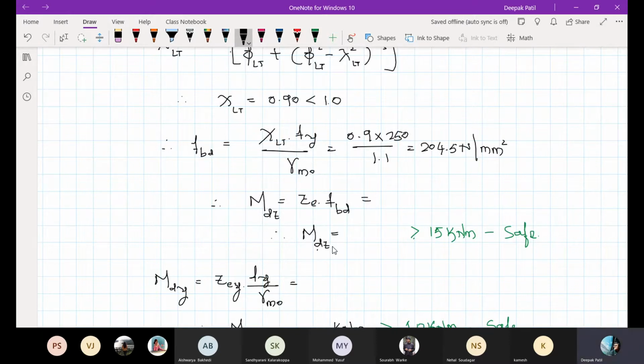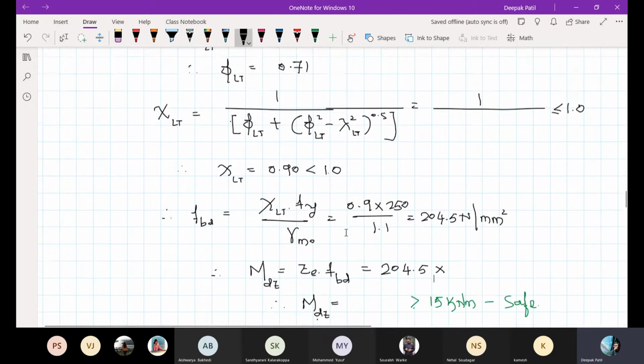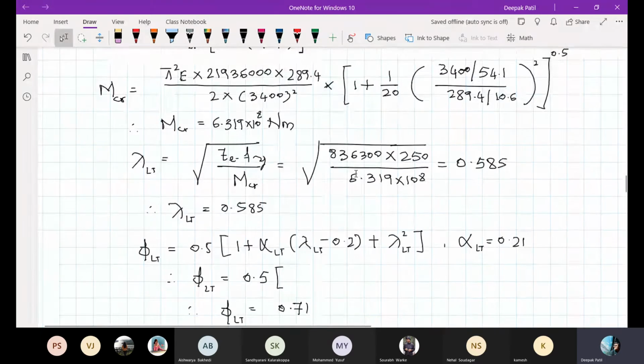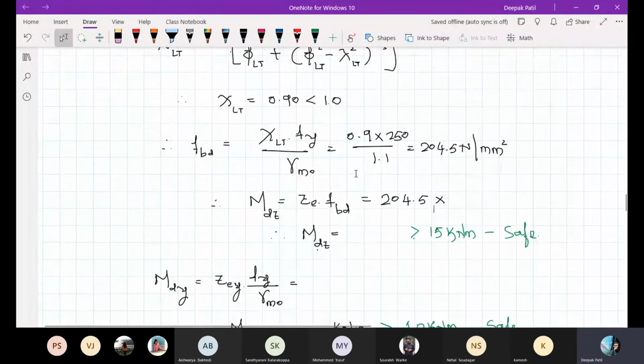Newton per millimeter square. Then you can use this formula for MDZ: 204.5, which is FBD, multiplied by the elastic section modulus, which is 836,300. We have already used it here.